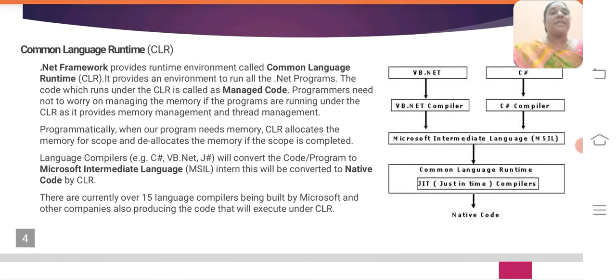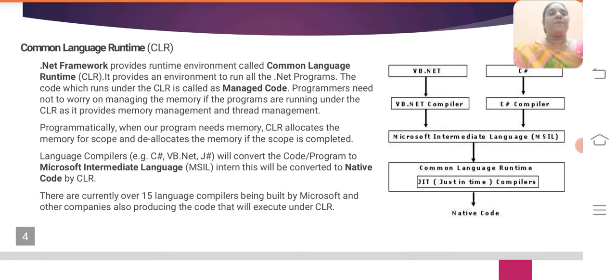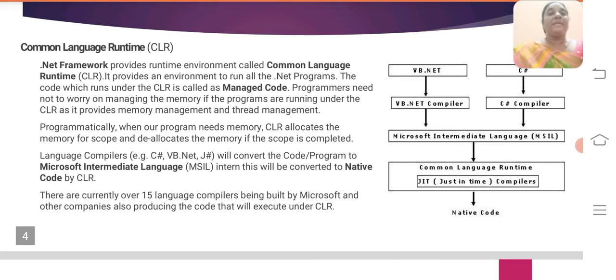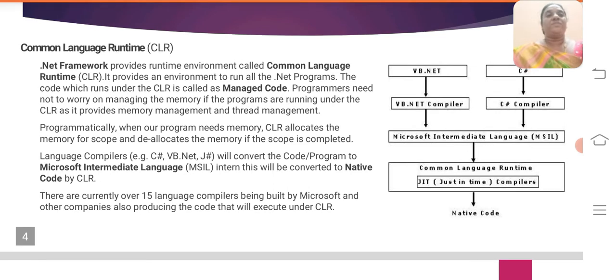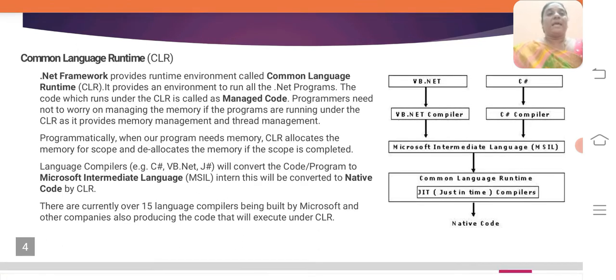This MSIL will be given to the CLR, the Common Language Runtime, which is the runtime environment of the .NET framework, which has the JIT compiler, the just-in-time compiler, and that will compile the MSIL and convert it to native code.